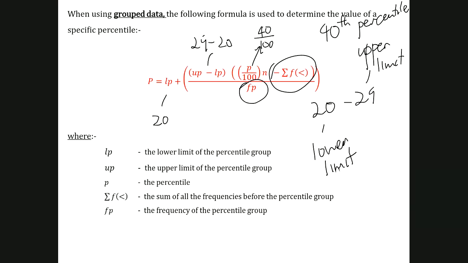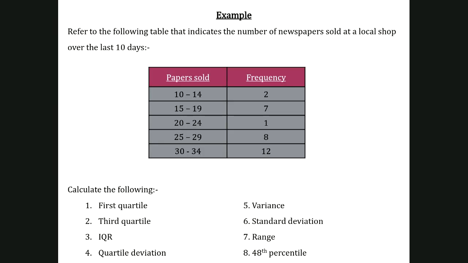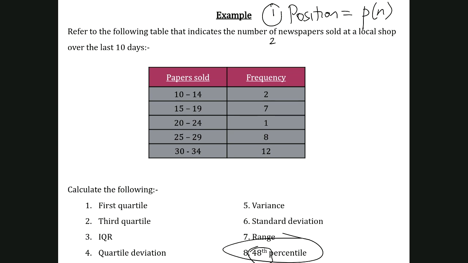On the next slide, I'm going to work with this. This is an additional example, but I'll work with question 8 here, which asks you for the 48th percentile. Remember, the first step is to determine the position, which is P times N. The second step is to determine which interval you are working with.